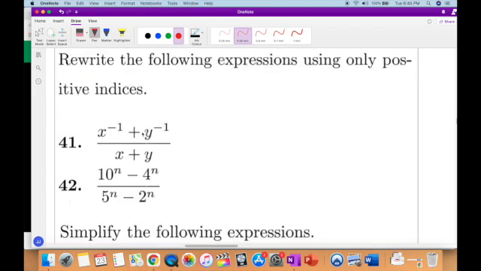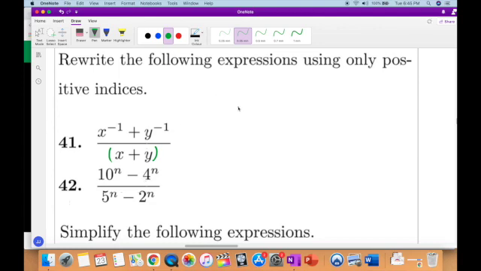Now, when it comes to separation, you have to understand, like say if I have 3 plus 2 all over 5, right? This means 3 over 5 plus 2 over 5, right? So when it comes to separation, you have to take your denominator as one thing.